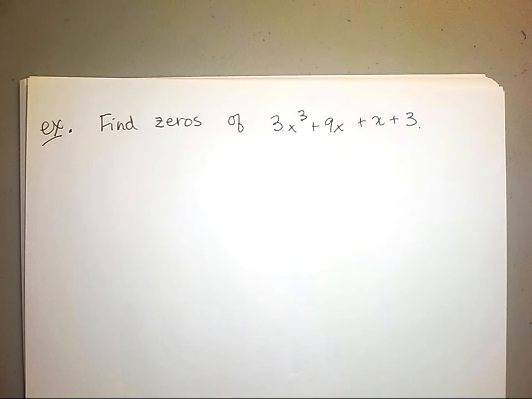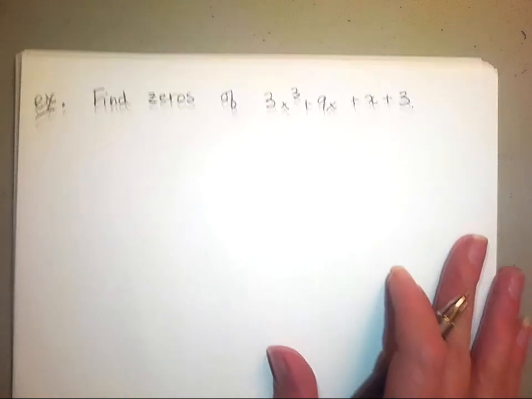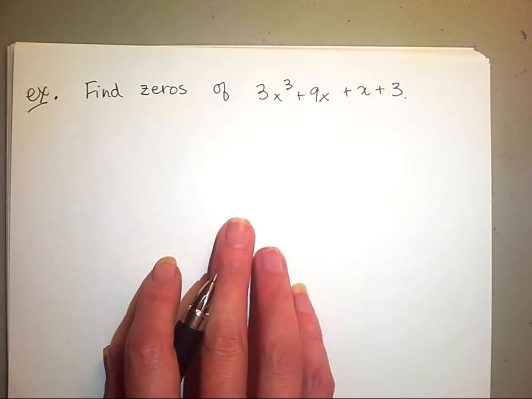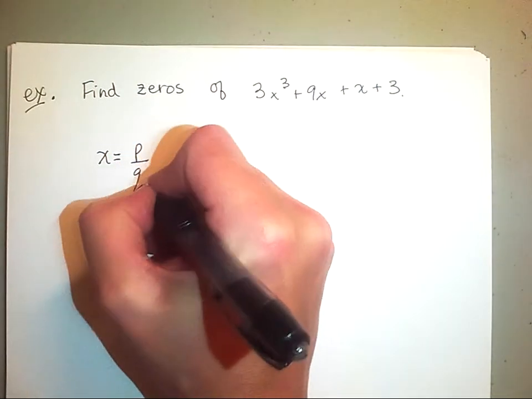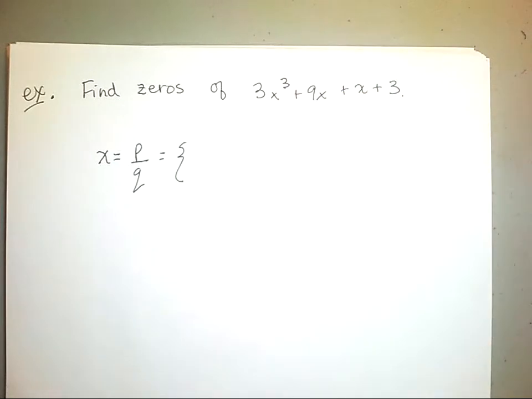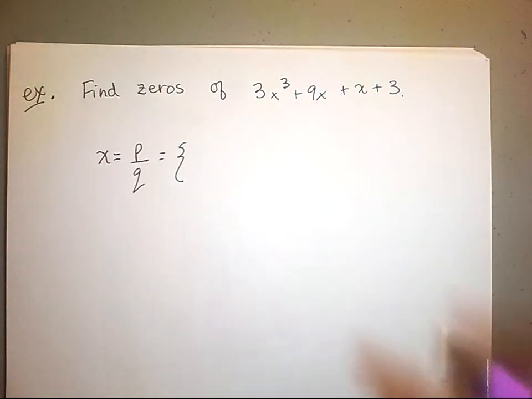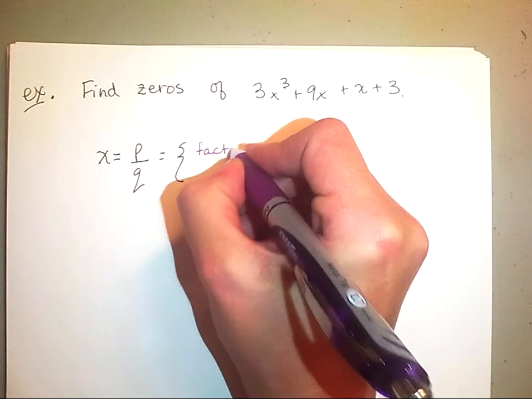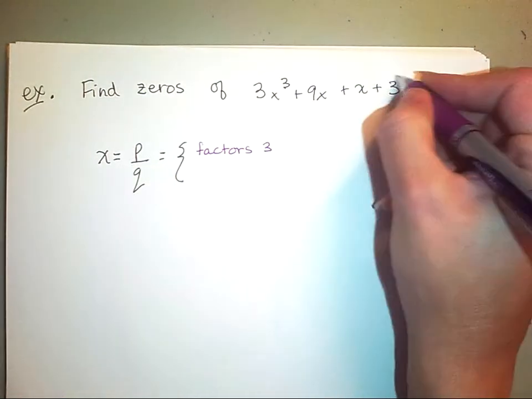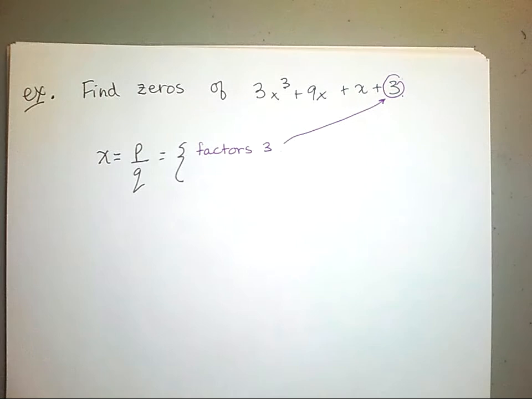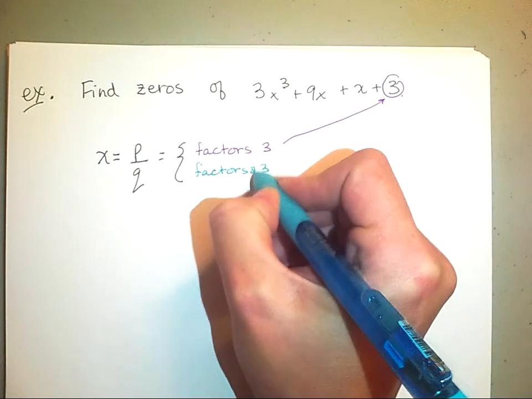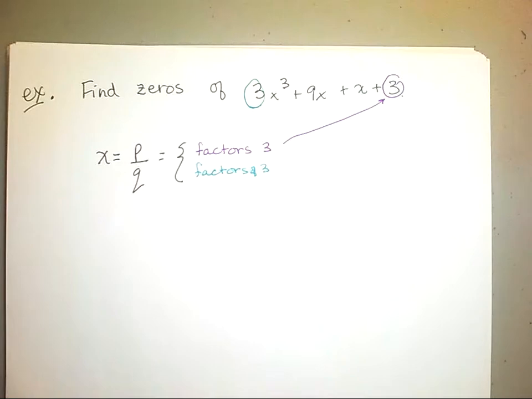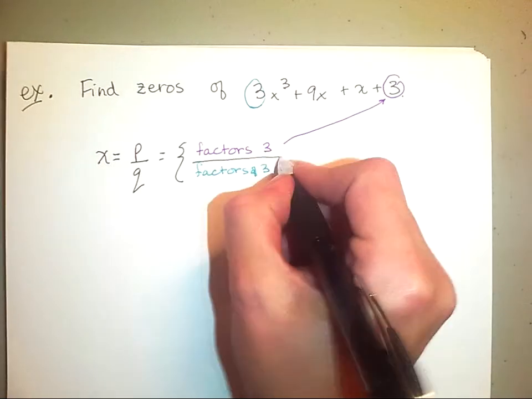Okay, so now let's begin. We know x will be equal to some p over q, some rational, where the first is the factors of 3 from here, and the bottom is also the factors of 3, but now we're using this 3, the division of the two. So this is equal to plus or minus the set.